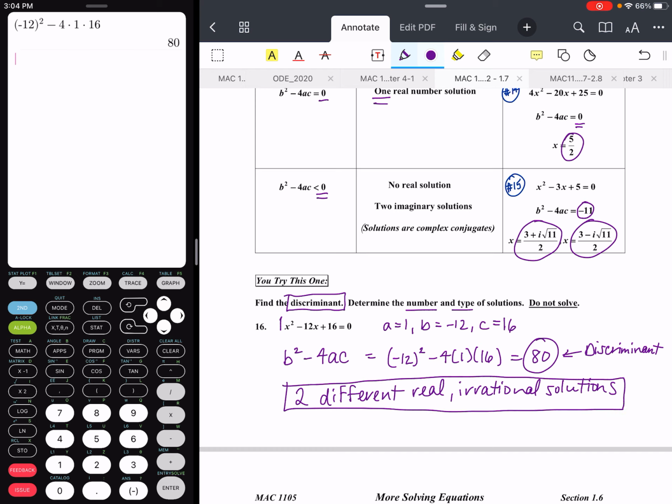And if you want, go ahead and solve this equation and get your two answers and make sure that that matches up. So you should end up with two different real answers, so no imaginary unit i in there, and you should have a leftover square root in both answers.